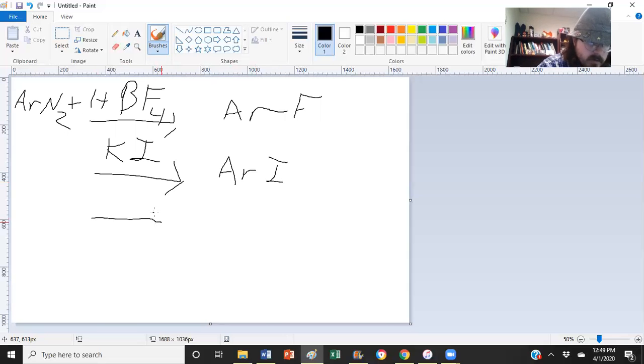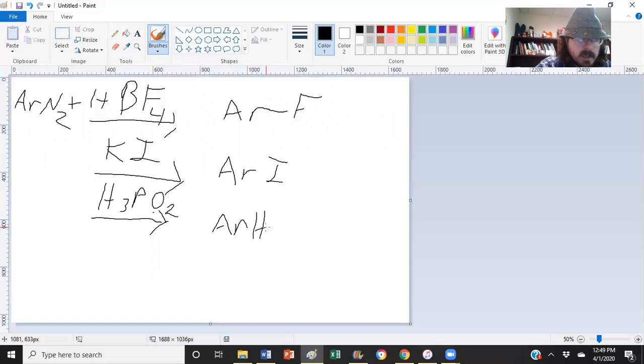If I just want to remove the amine altogether, use hypophosphorous acid. But if we do that, this really, really weak acid is going to just kick that off. This is a deamination.